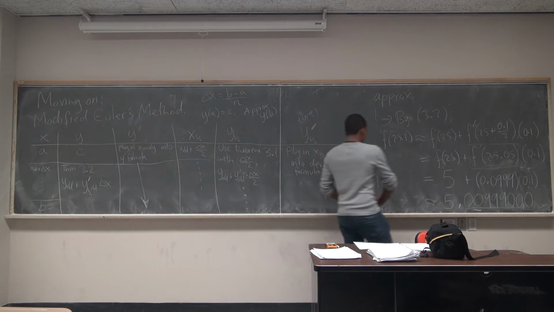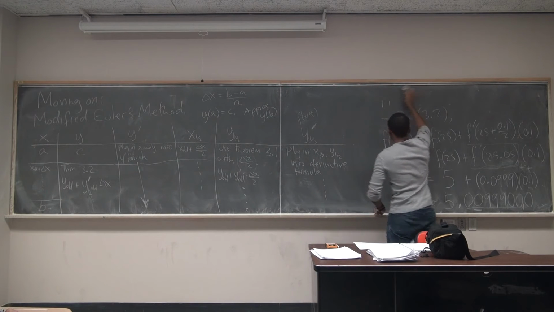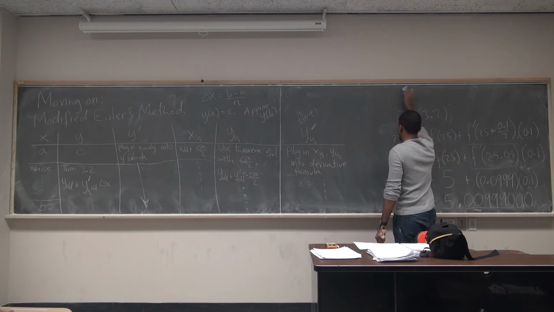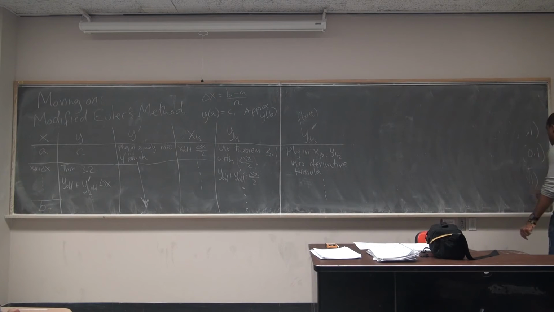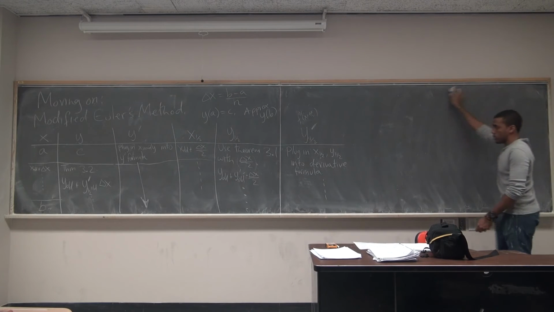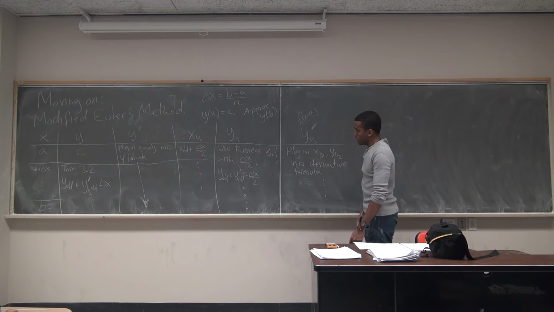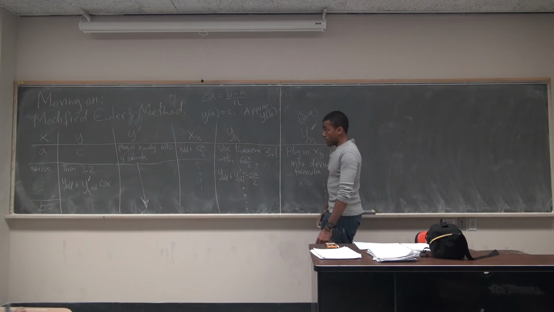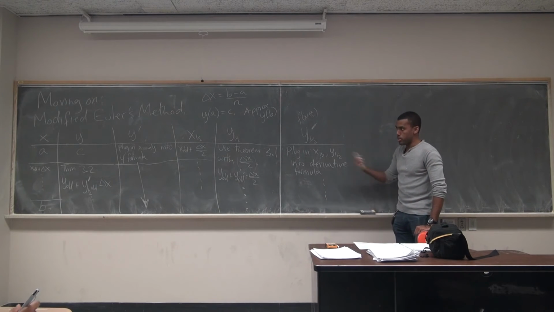Okay, so copy that down, and I'll run through an example with you so you can see how it's being used. It's a lot longer than Euler's method, but if you do a few examples, it'll start to become second nature.